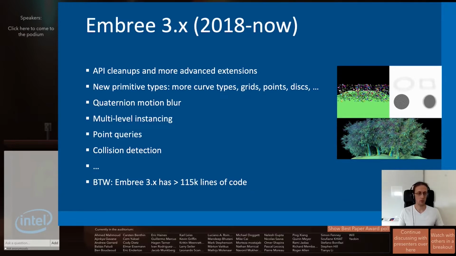We focused on more advanced motion blur and multi-level instancing, which were requested by a lot of folks, and even non-traditional queries like point queries or collision detection. And just to give you an idea, the current code base is around 110 to 120,000 lines of code. So it's not small, but it's not really gigantic. So it's still manageable by a few people.